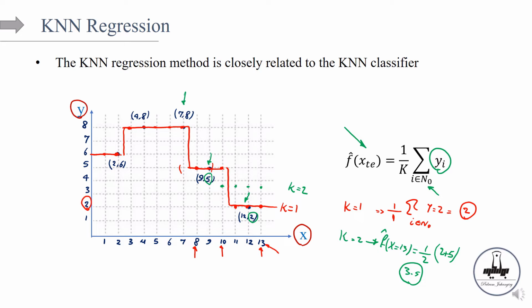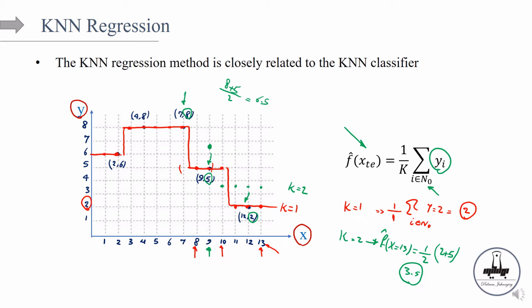If I go 2 from right, okay, so the closest, actually, when x is equal to 9, the prediction is going to be 5 plus 8 divided by 2, right? So we get 6.5. So here, if x is equal to 9, we get, let's say, 6.5, right?